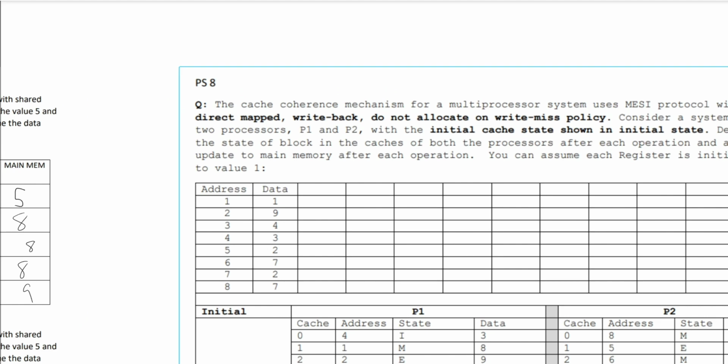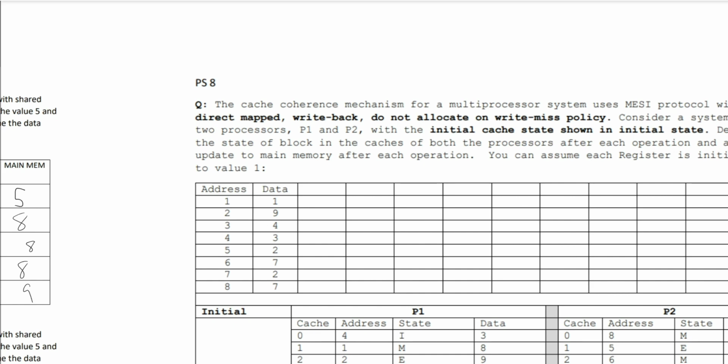The cache system, MESI, direct map, write back. Do not allocate on write miss. Okay, this is basically he brought everything together into one question, right?